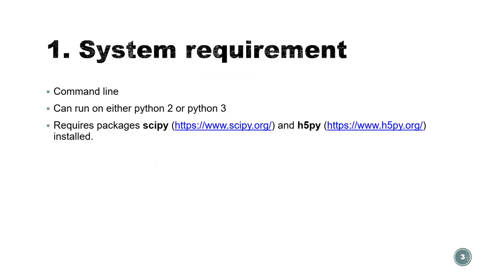Now let's see how to run PRS-CSx step by step. PRS-CSx is a command line Python software. You can use either Python 2 or 3 and have to install SciPy and h5py.